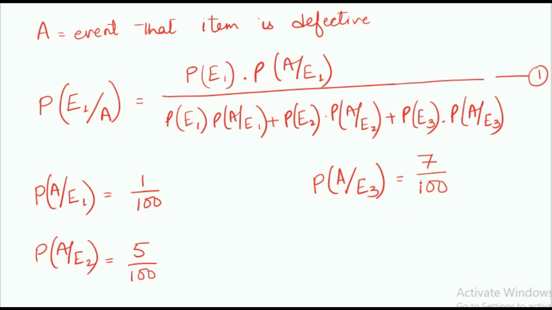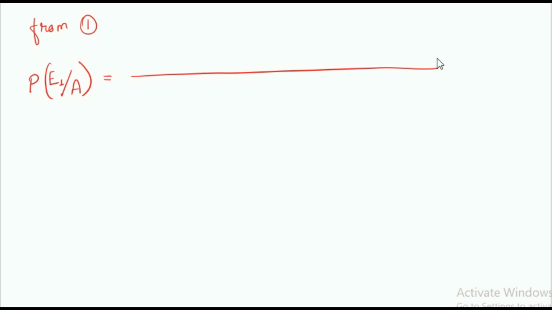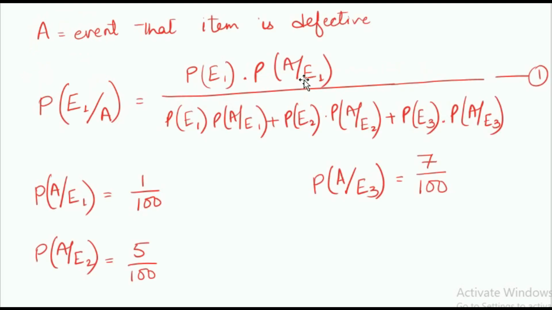Okay, now from 1 we substitute. The probability that the item is defective, but it is from machine 1. Write down the values. First, probability of E1 into probability of A given E1.